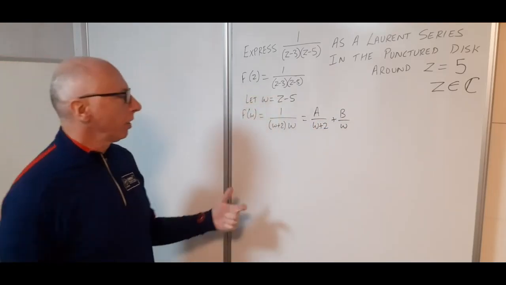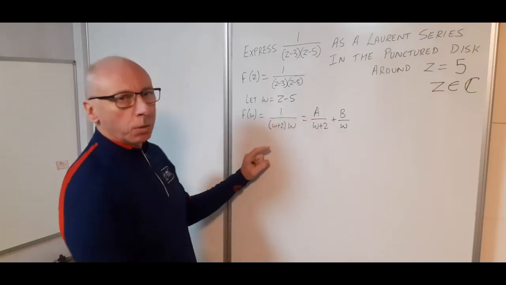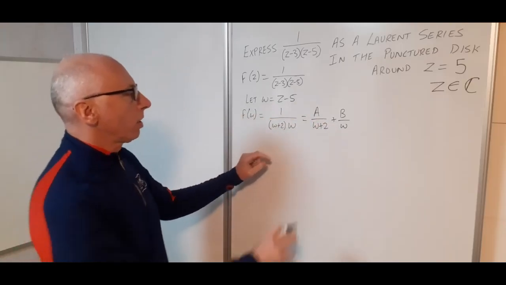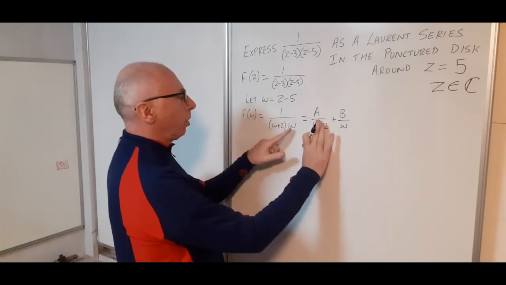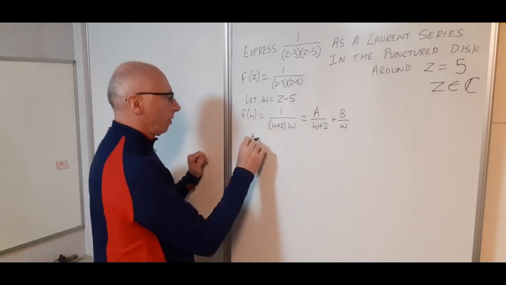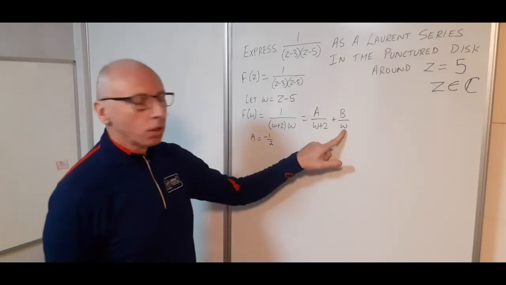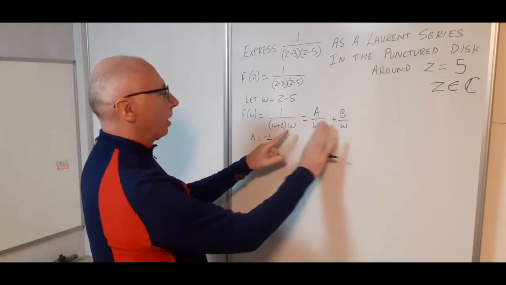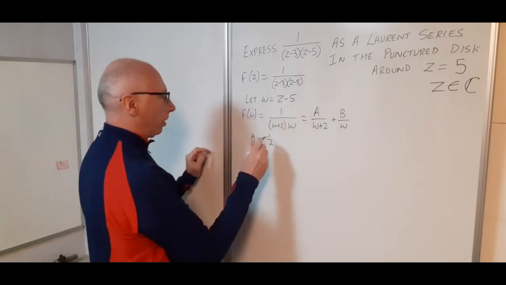Now cover up method, cover up this to find a, I need to plug in w equals minus 2. So if w equals minus 2, that disappears, then plug in minus 2 here, I've got a is minus a half. So a equals minus 1/2. And then for this one, plug in w equals 0 to find b. This will cover up and I'll get b equals 1/2.